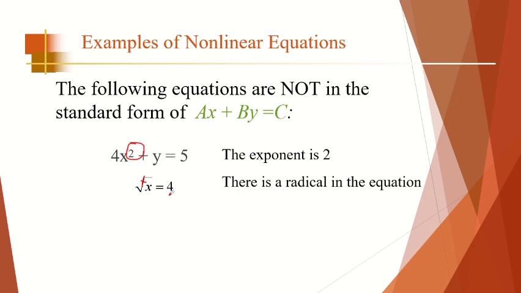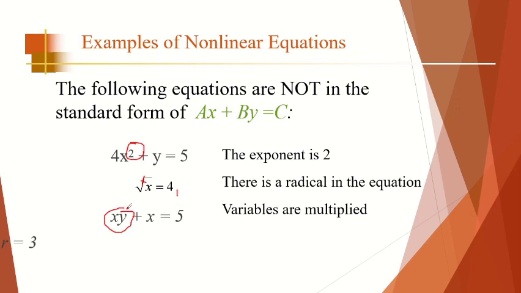So this is a radical equation. Next, how about this? The variables are multiplied or combined. This is what makes it wrong. Next, how about this? If the variables are multiplied, that can't also be considered a linear equation. And of course, the variables are divided.